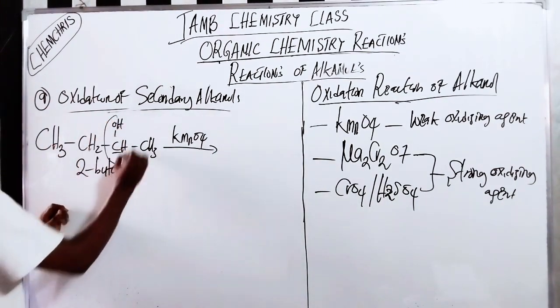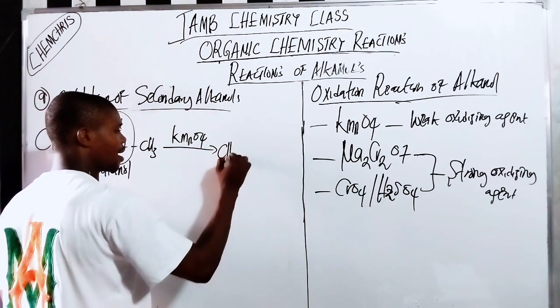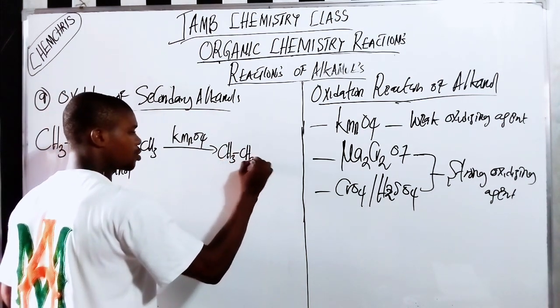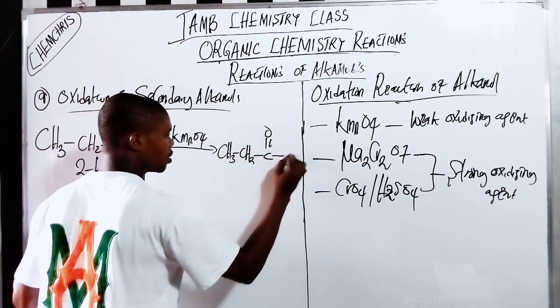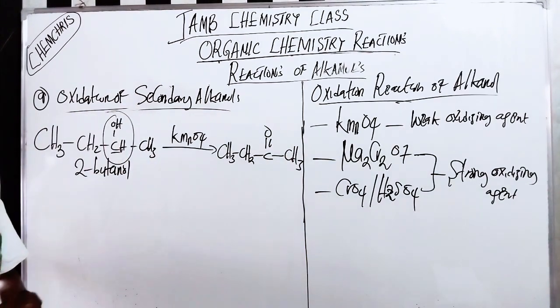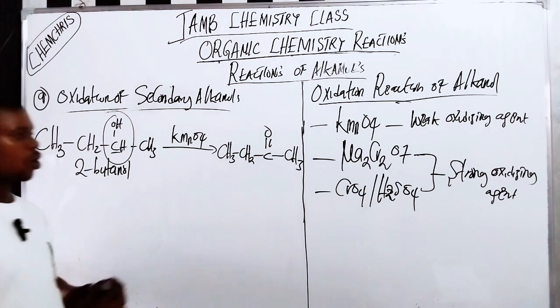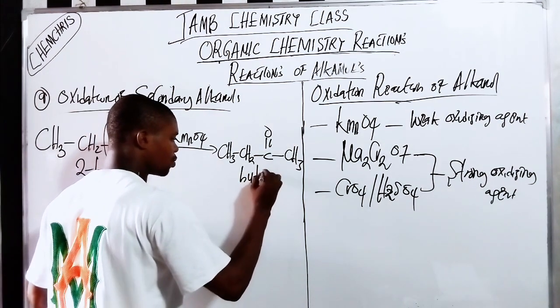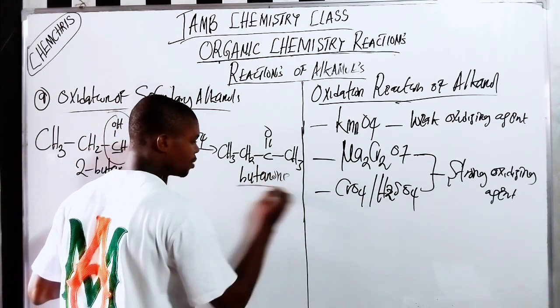The oxidation will take place here. So you have CH3, CH2, CH3. That is it. Do you understand? So this is called butanone.